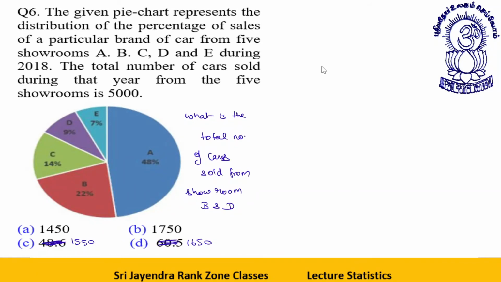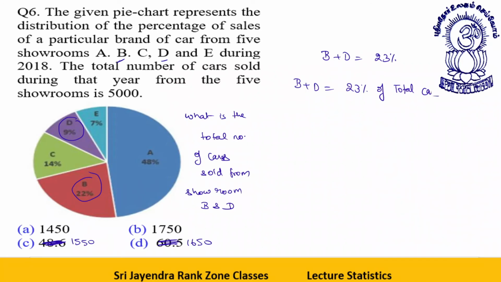Now we have showroom B and D. See, total cars is how much? 5,000. B and D combined together. B is how much? 22%, and D is 9%. B plus D is equal to 23% of total cars.